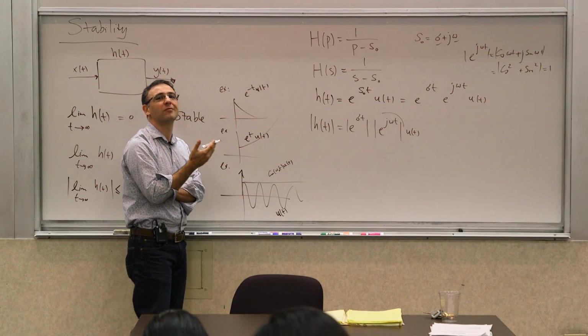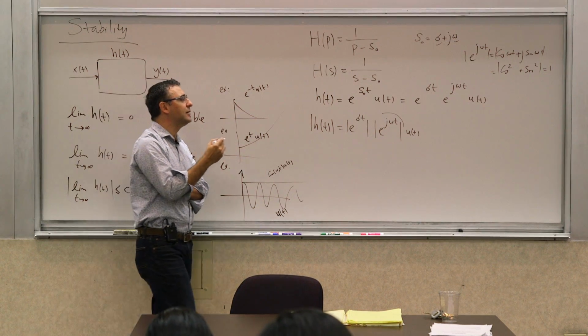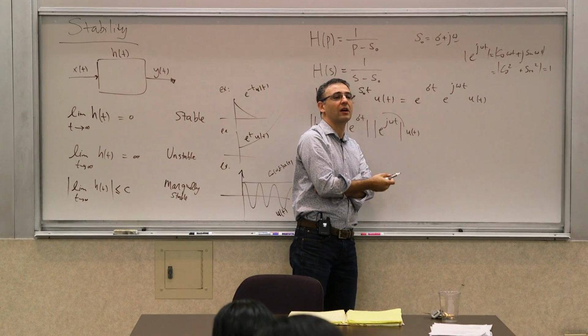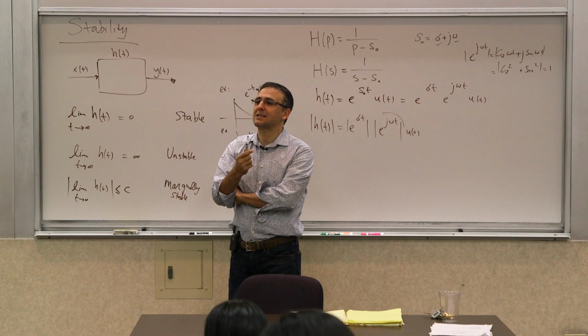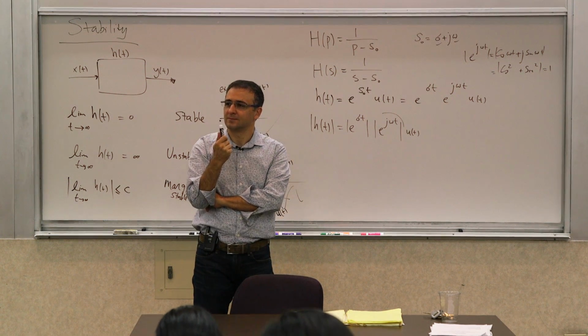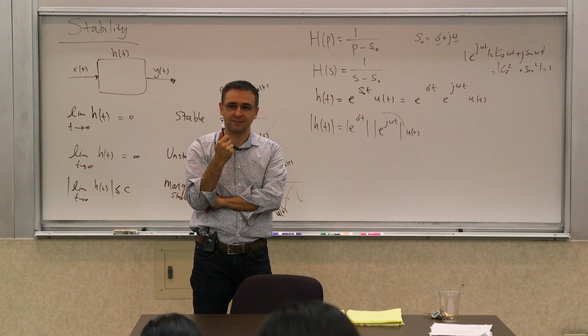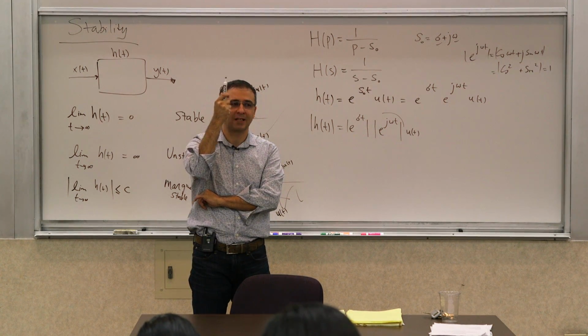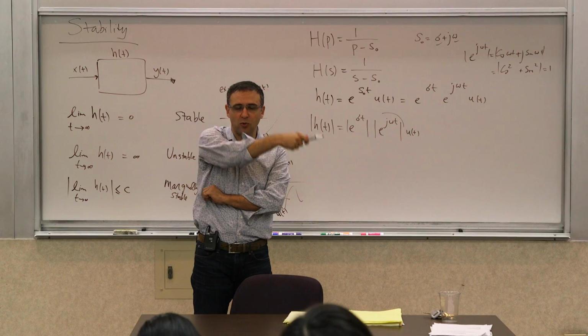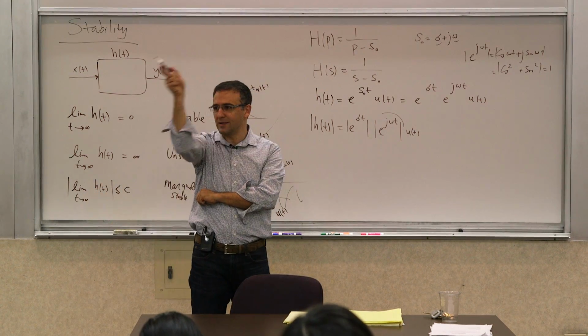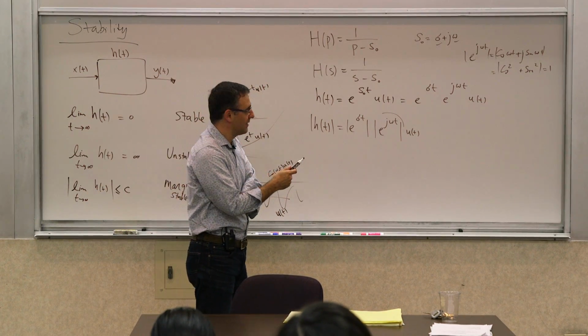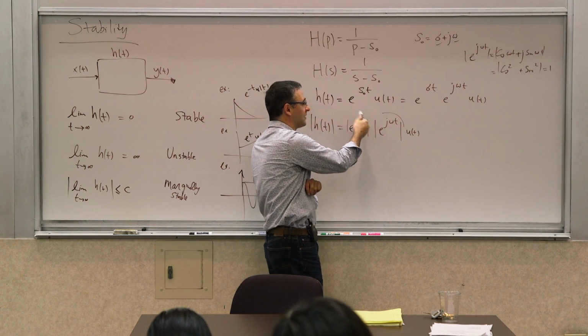So this is something that you should think about this way. E to an imaginary number always has a magnitude of 1. If it's purely imaginary, it's a unity vector that's rotating. It can be pointing in different directions, but it's always a unity vector. The size of that vector is captured here.